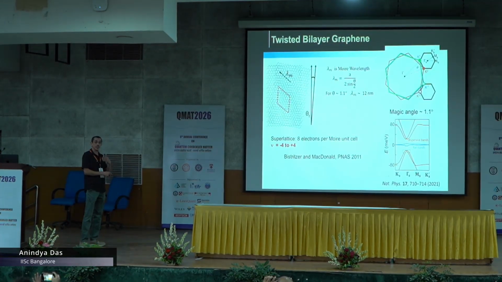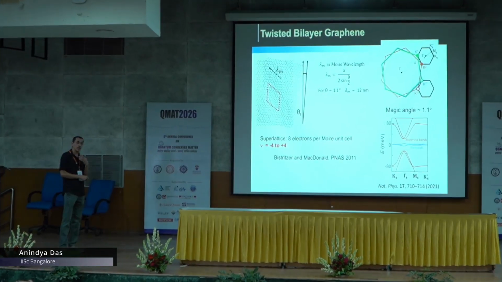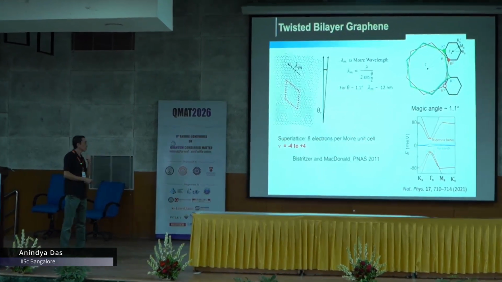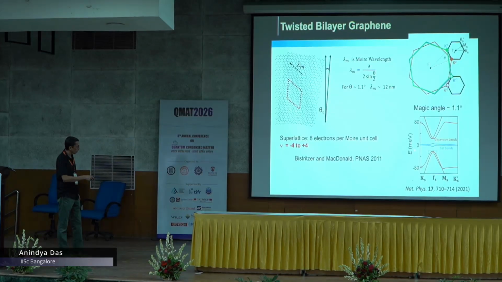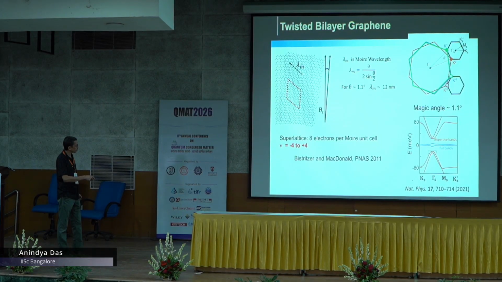Or if you empty this band, you need to take out 4 electrons. So from the flat band to the dispersive bands, going from one end to the other you need a total of 8 electrons in the system, and I will be using these filling fractions throughout my talk.